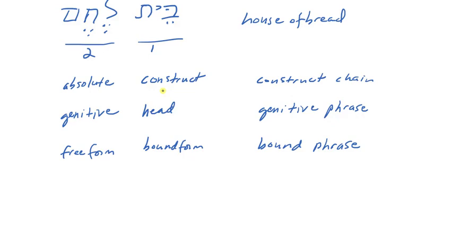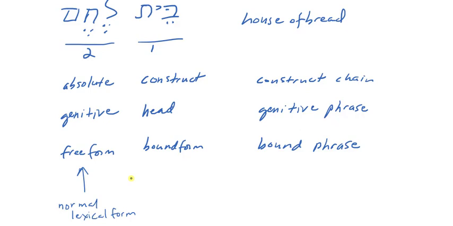Now, here's what we want to do. We want to talk about how to form the construct form. The absolute form, or the genitive form or the free form, this is the normal lexical form. What's the lexical form? It's the dictionary form of the word that you learned when you learned your vocabulary word.